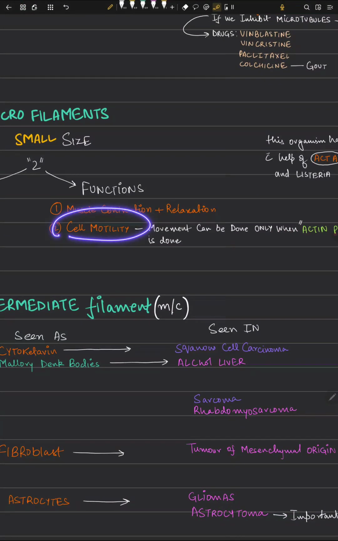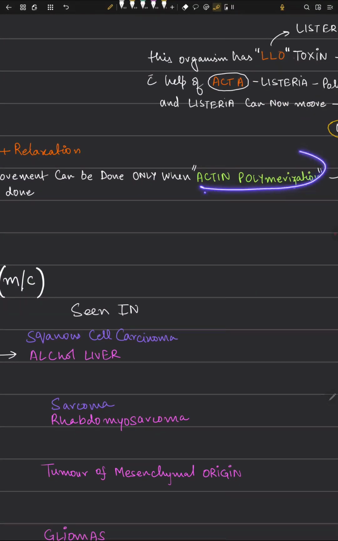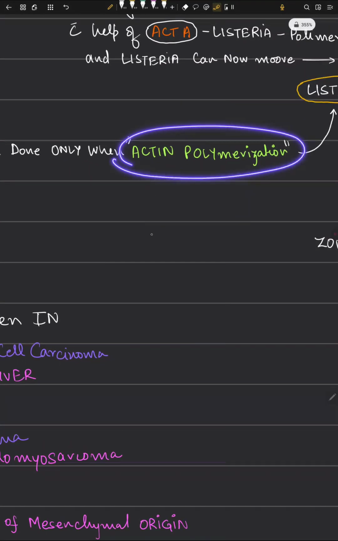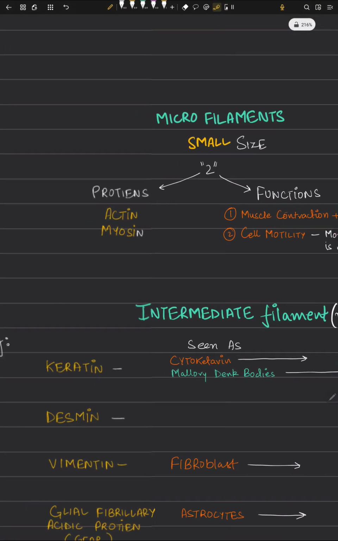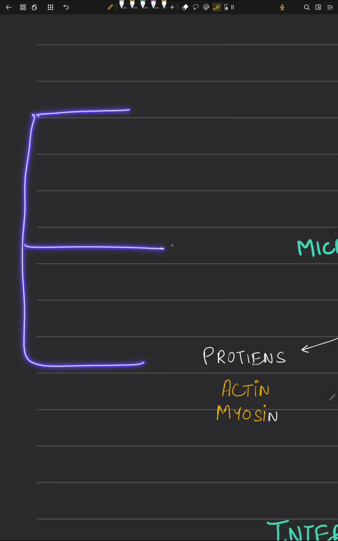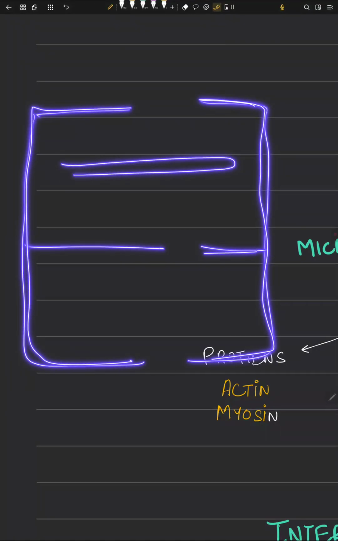The cell motility. The movement can be done only when actin polymerization happens. Cool. Actin polymerization. I don't want to explain this process because it's a long process, but it happens like this. Just imagine I'm making this diagram, and this is how these 2 proteins are, and this is one protein.